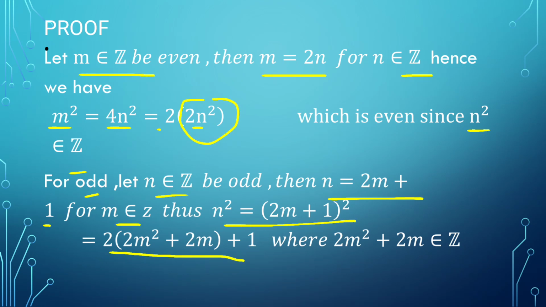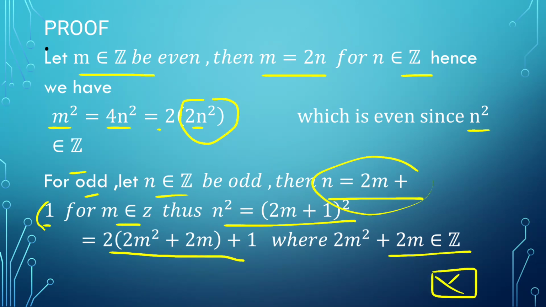So it gives us 2 times (2n squared plus 2n) plus 1, which is the pure definition of odd, and that means that the square of an odd number is also odd. End of the proof.